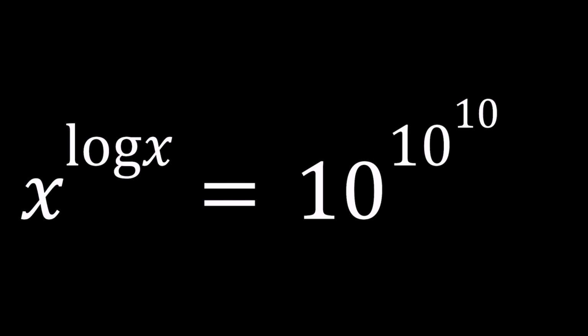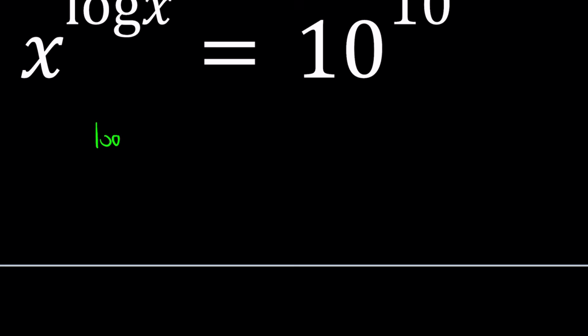Now, to solve this problem, we can actually consider two different approaches. And one of them is, since we are dealing with log x, we can assume x to be a power of 10, right? Because when you say log x is equal to something, let's say log x is equal to a, by the way, this would be considered substitution, then because the base is 10, you can write this as x equals 10 to the power a.